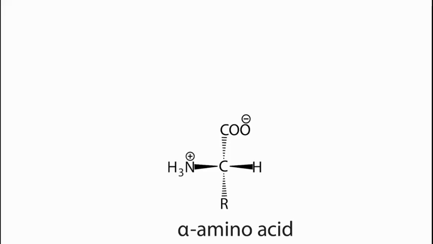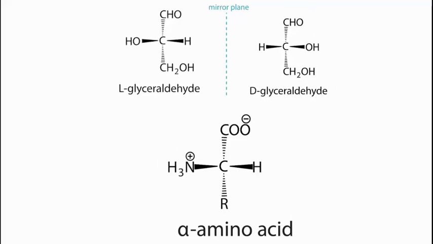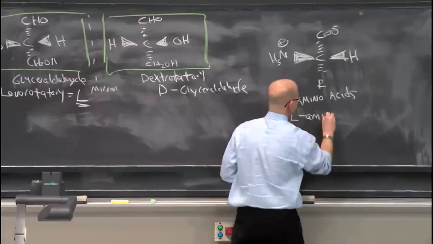I'm laying it out so that it looks most similar to glyceraldehyde. So I'm putting the carboxyl group where the aldehyde group is, the R group where the alcohol is, the hydrogen where it belongs, and the amino group where it sits. This is what we really purify from real proteins. Does this look like the D isomer, or the L isomer? L. And as a result, we call these L amino acids.